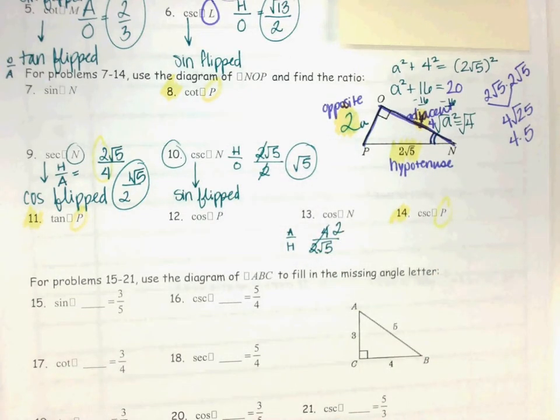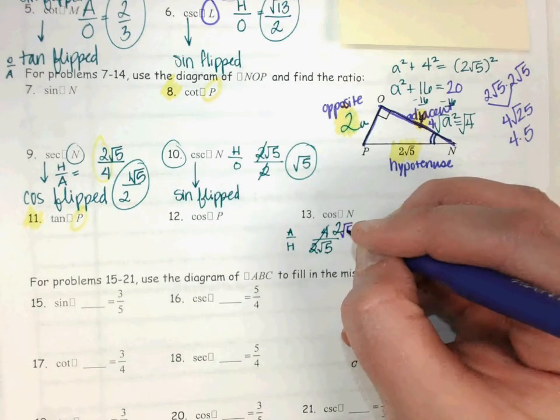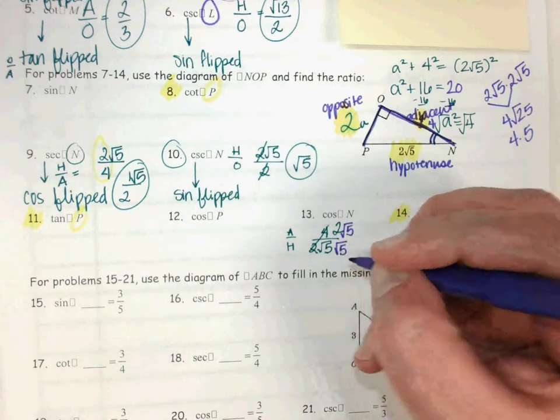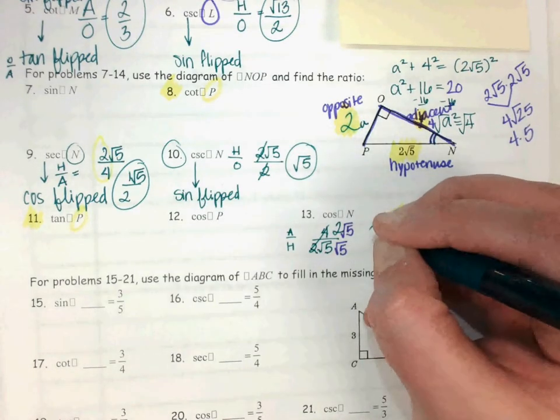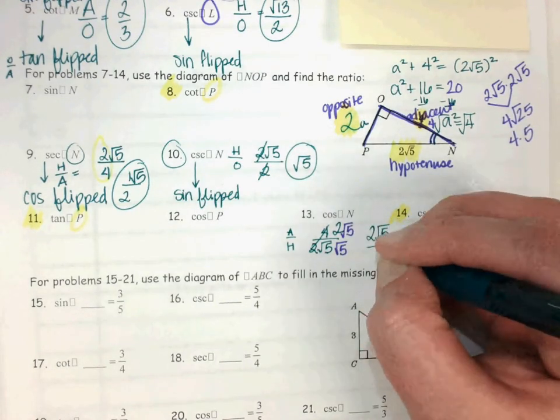So you don't have to fix the 2, you only have to fix the root 5. So then from there, I'd put another root 5, another root 5, and then what would you get on the top? It'd be 2 root 5 over regular 5.